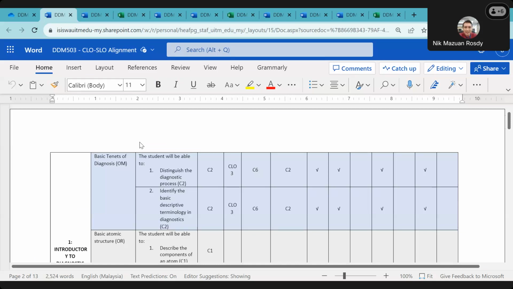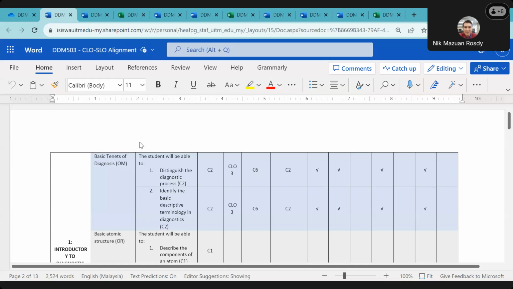Okay? So that's why I pun kena check juga in my document, kalau I mapkan sesuatu SLO to a certain PLO, if I map to PLO number 2, katalah C5, so whatever SLO that map to PLO number 2, which is C5, it cannot be higher than C5.